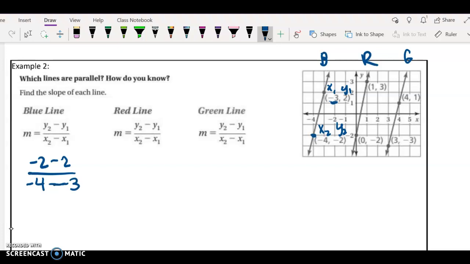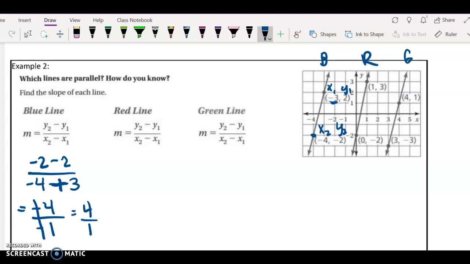Now, minus a negative is the same as plus. So this gives me -2 minus 2 is -4 over -4 plus 3 is -1. We can simplify this to say that it is positive because these two negatives cancel. And so I have 4 over 1.